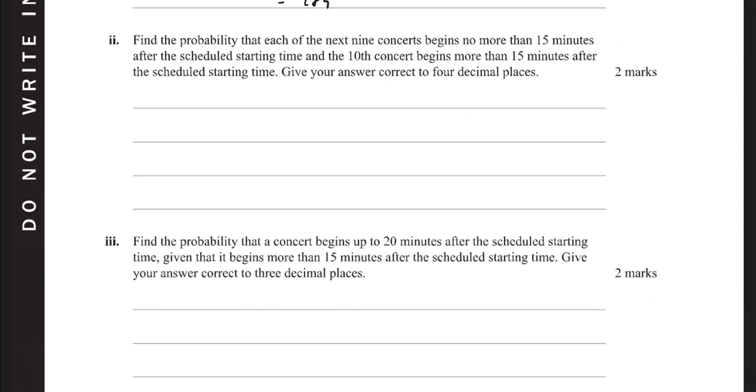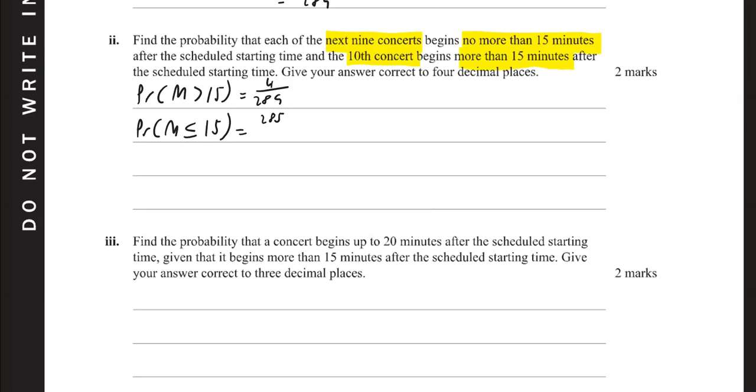Part ii. The next 9 concerts begin no more than 15 minutes after the scheduled time, and the final concert begins more than 15 minutes after the scheduled time. All right, so keep this in mind. Pr(M greater than 15) is 4 on 289 from the previous question, and Pr(M less than or equal to 15) is 1 minus that answer, which is 285 on 289.